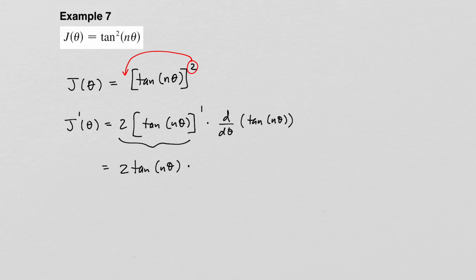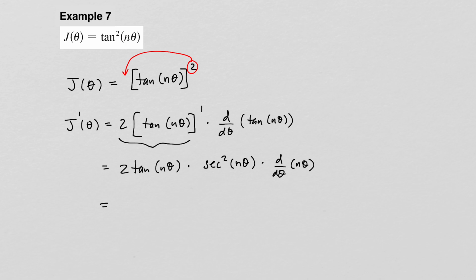And then we're going to multiply that by the derivative of tangent. Now, the derivative of tangent of anything is secant squared of that same thing. And then we have to follow that up with the derivative with respect to theta of n times theta.